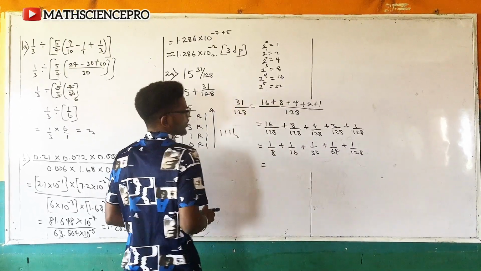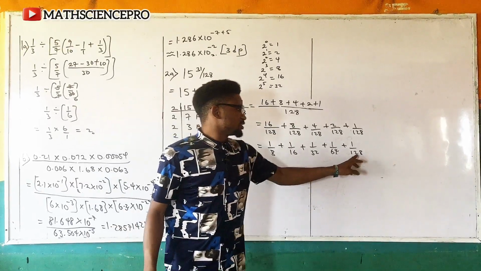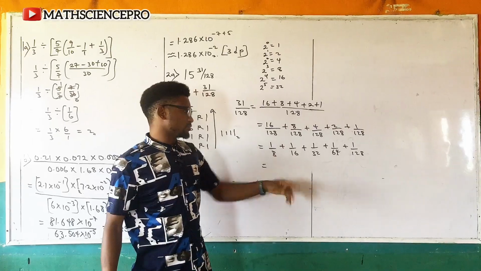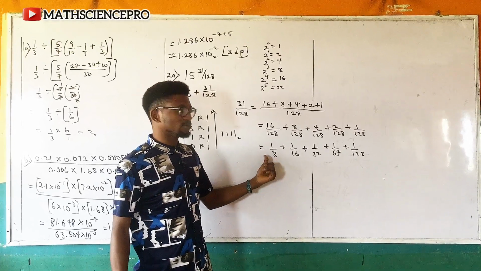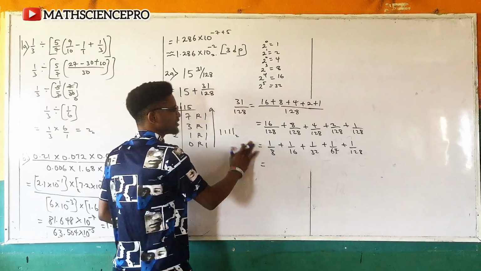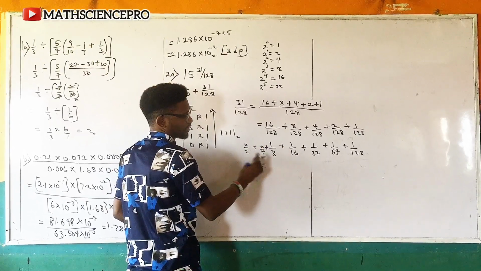So the logic here, looking at the denominators, is that they go ascending, starting from denominator 2. But because 2 is absent as a denominator, I want to believe it is something like 0 over 2, 0 over 4. That's just the idea.